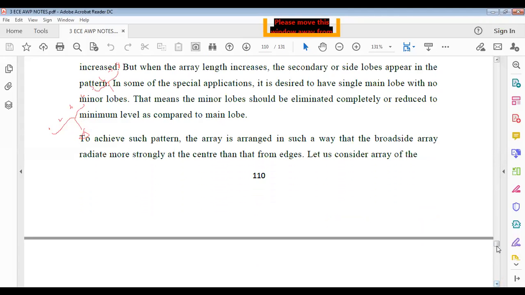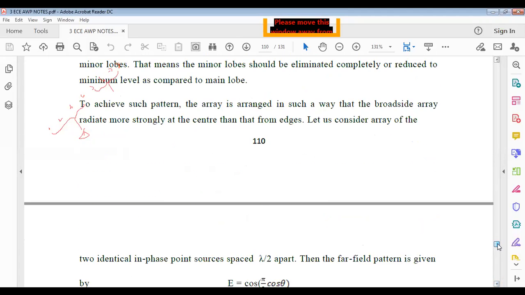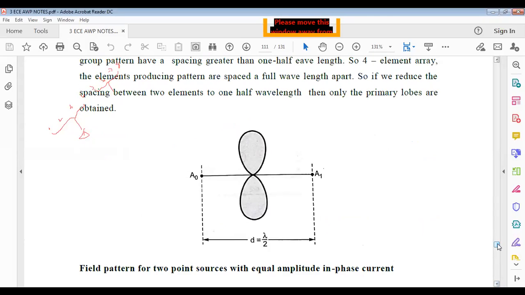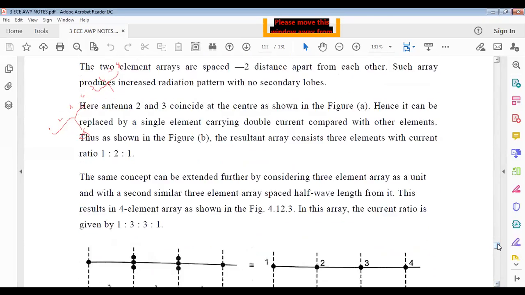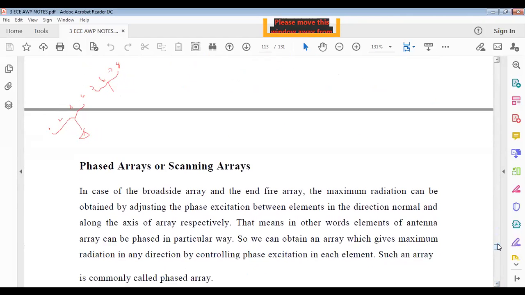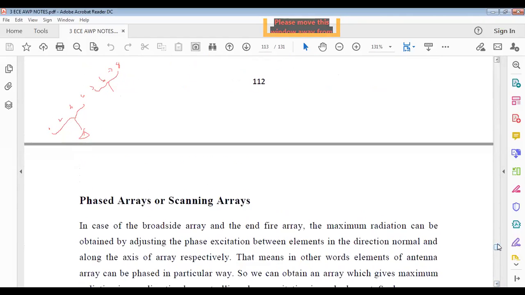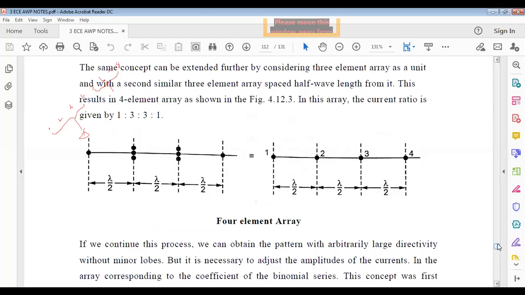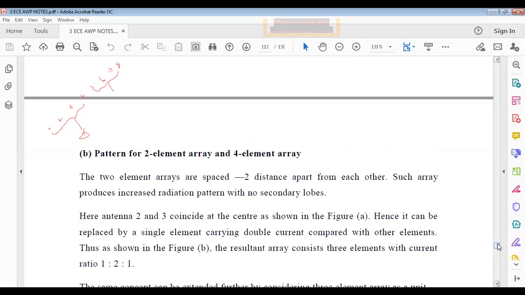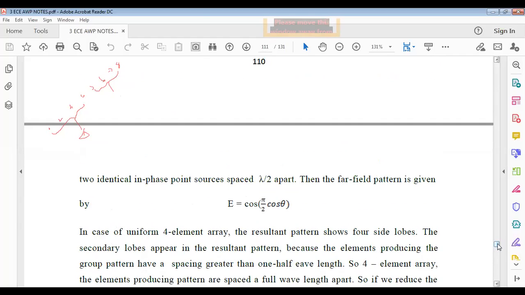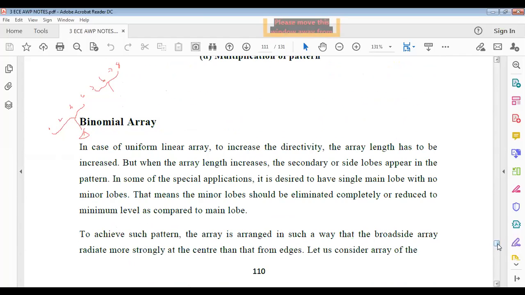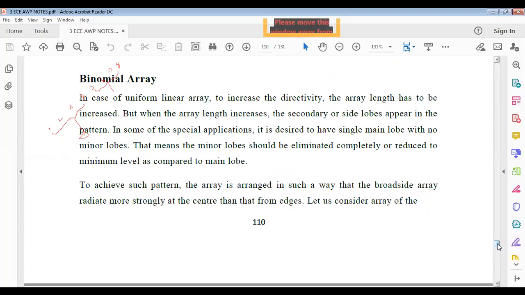Here one simple technique is there to find out the excitation coefficients. All these methods are not required for us, but regarding radiation characteristics, you have to learn the pattern multiplication method and the binomial array, which is enough as per our syllabus.